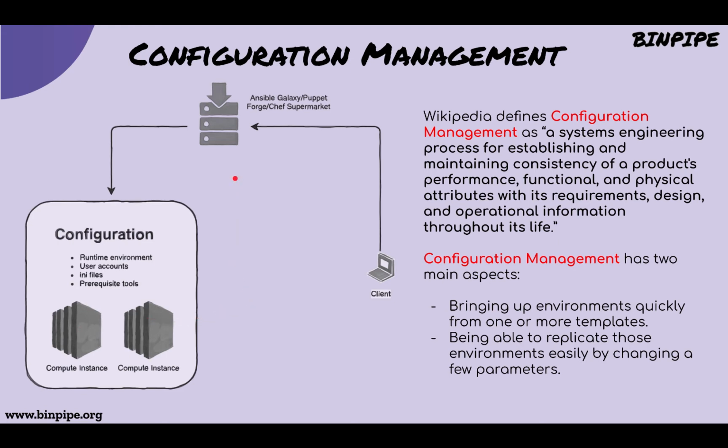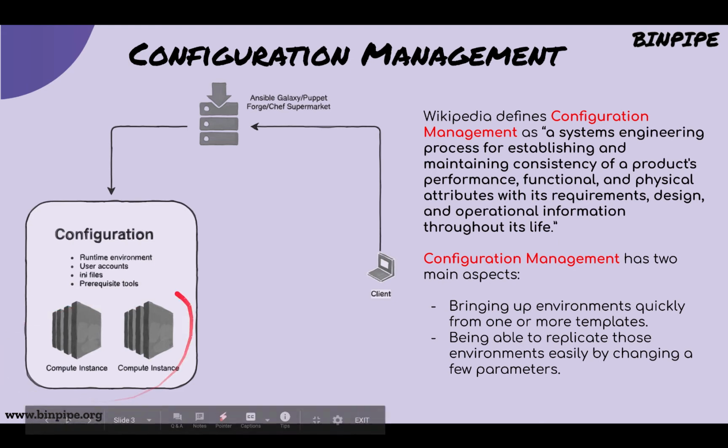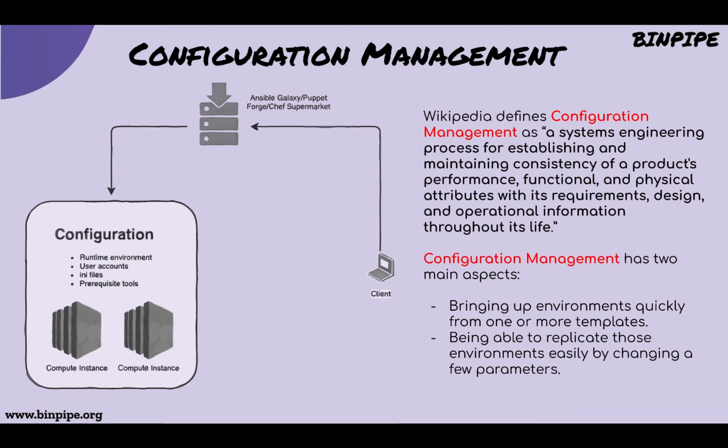So using this tool, we can quickly bring up new environments across multiple servers. So it allows you to start up new environments very quickly. And the second thing is, if you have something in one particular server and you want to replicate the same thing across 50 or 100 or 1000 servers, you can use configuration management tools, Ansible in this case, to do that.